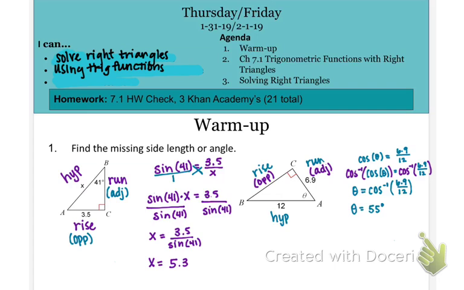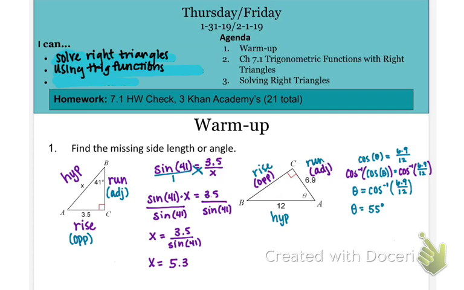So because we know the run and the hypotenuse, or the adjacent side and the hypotenuse, we can set up cosine of theta equals 6.9 over 12, so our run over hypotenuse. In order to undo the cosine, we're going to use inverse cosine. We can think of our inverse cosine as undoing.